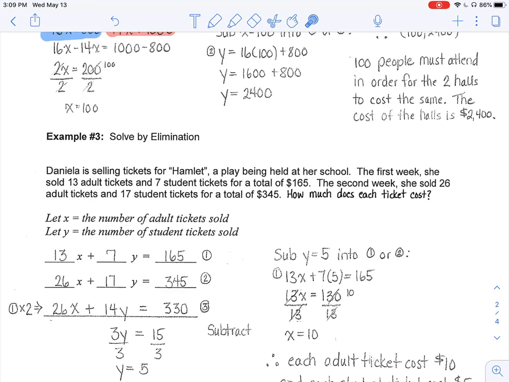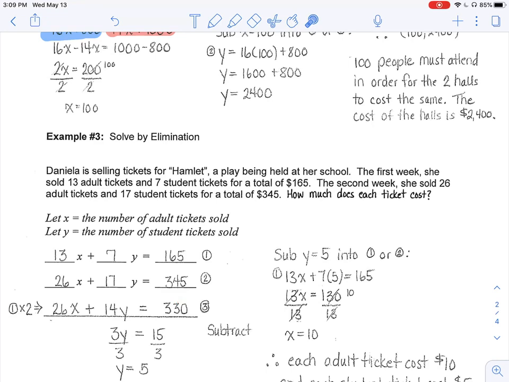Well, how do we eliminate these two? What we do is we take that first equation and how do we set one of the terms, either the y or the x term, so that it's the same as the other? Well, we can see here, we took equation 1 and we multiplied everything by a factor of 2. So 2 times 13 is 26, 2 times 7 is 14, 2 times 165 is 330.